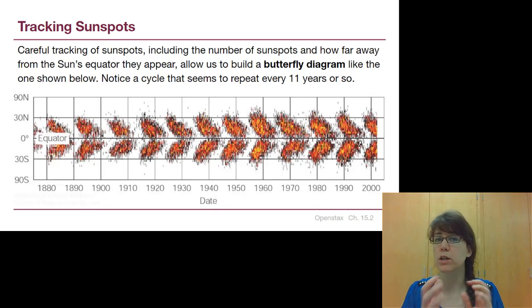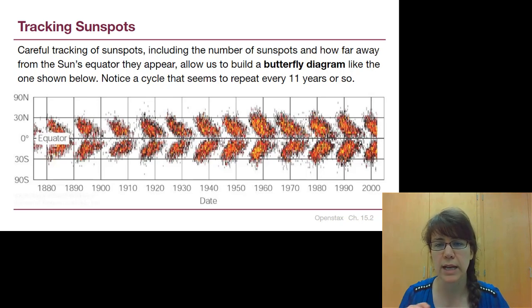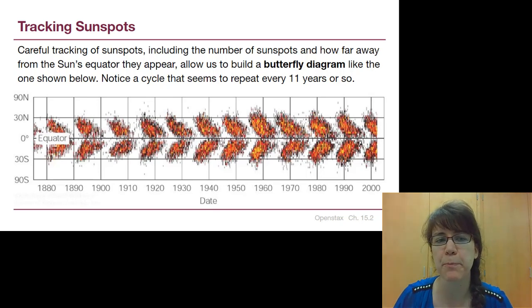The sun's equator, like the Earth's equator, is basically the in-between of the sun's north and south poles. Now what we notice is that the pattern has this weird shape like a butterfly, hence the name butterfly diagram. And there's a pattern that seems to repeat every 11 years or so.